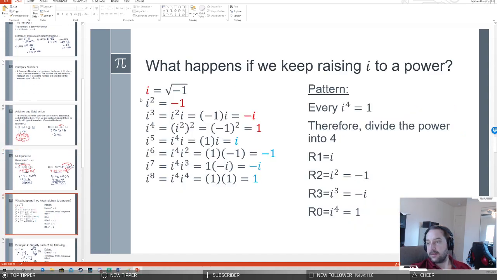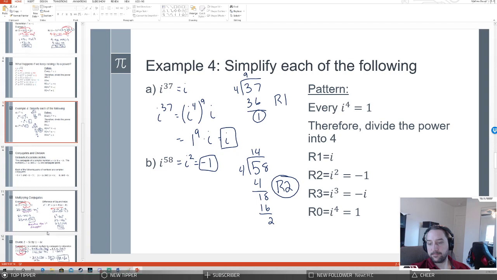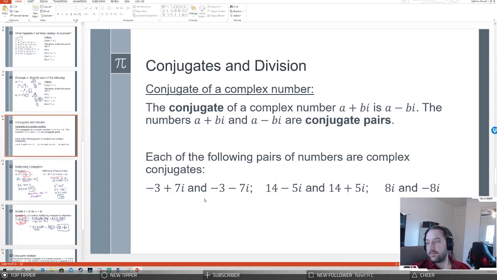When we had i to a really large power, we were able to divide the exponent by 4, and whatever the remainder was, we can simplify it into whatever i we want. And so we kind of talked about that there. And then we talked about the complex conjugate.